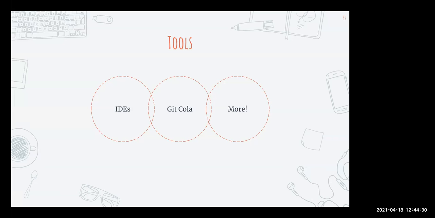You can also use Git Cola, which Murphy loves, and I'm sure he would be happy to talk to you about it more in depth than what we're going to say. It's kind of like a UI that is helpful for lots of different things, including commits and stuff like that. And then there are lots of other things you can look at if you do some research, figure out what your preferences are, stuff like that.